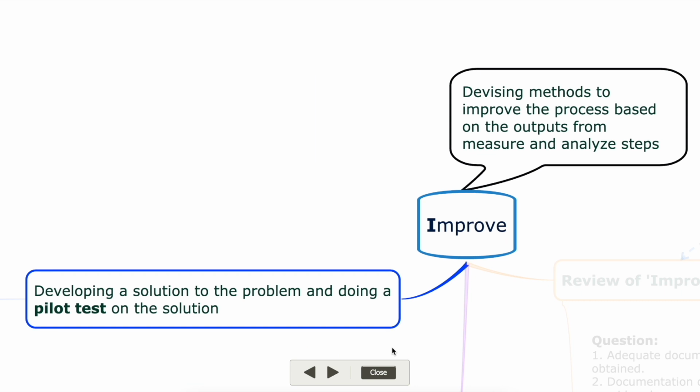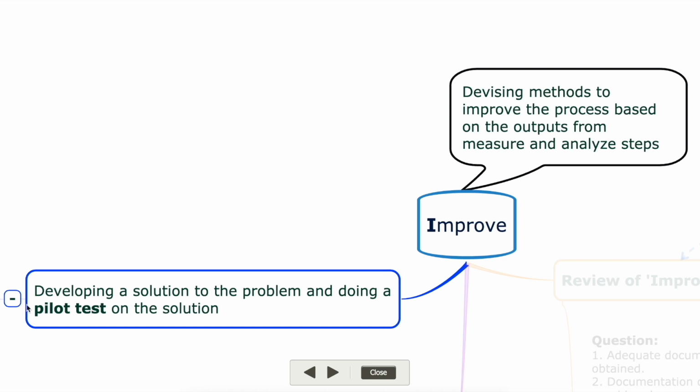So developing a solution to the existing problem, for which we were hired or given this assignment to provide a solution to improve the system, we have to develop a solution for that in this process.